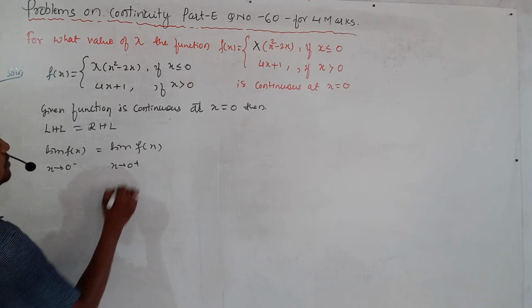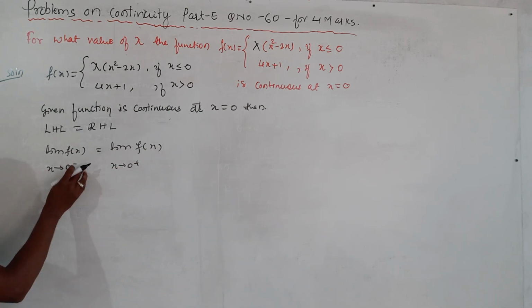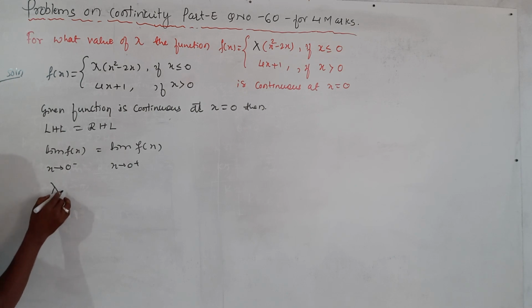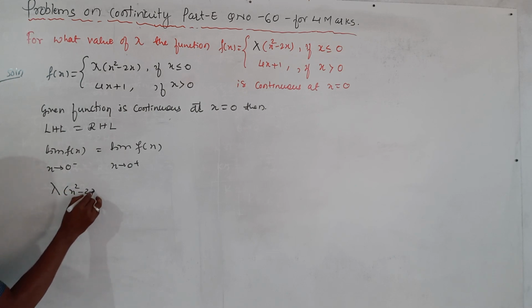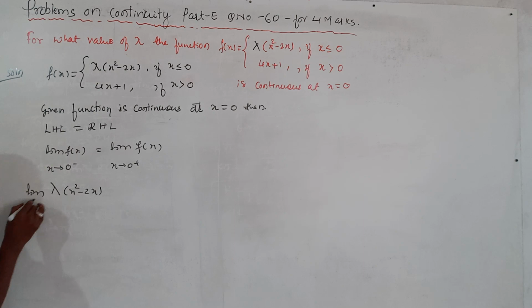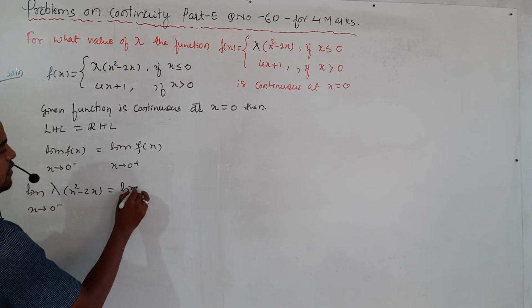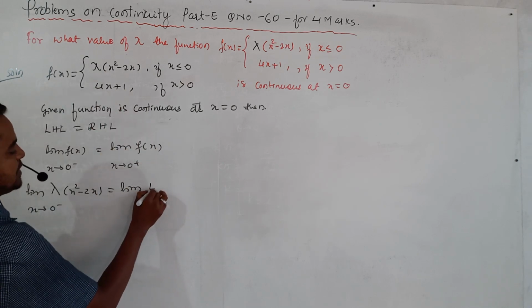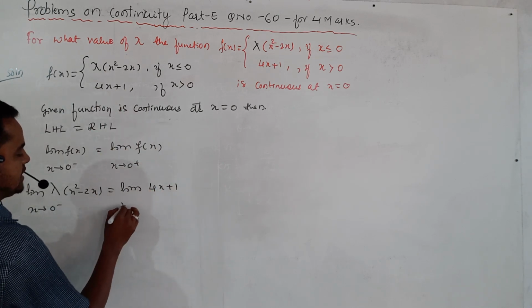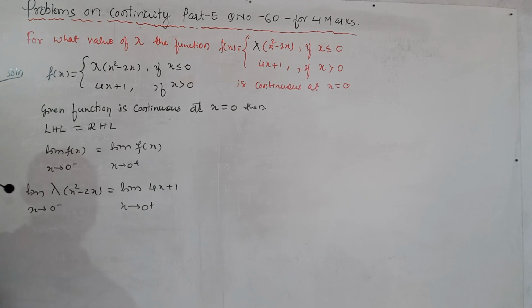0 minus means lambda into x square minus 2x, that is limit of x tends to 0 minus, equals limit of f of x, that is 4x plus 1, as x tends to 0 plus.